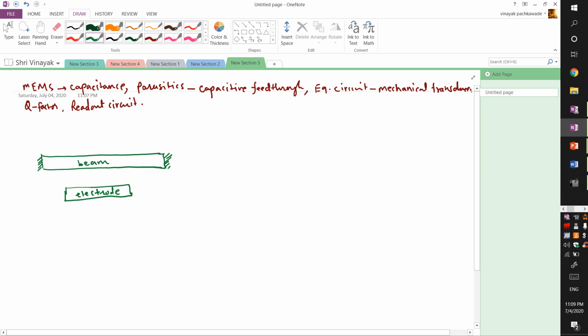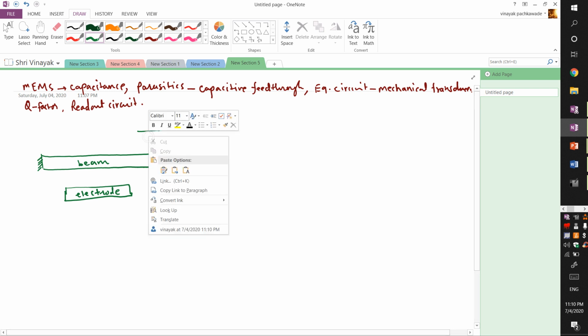Before we can drive this beam into vibration, let's say we apply a DC voltage to this beam over here.